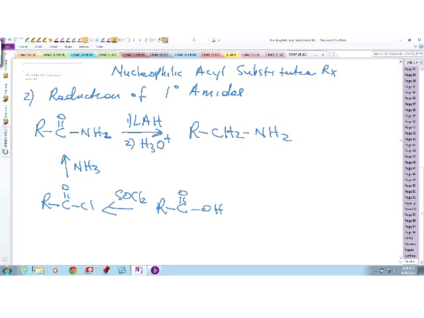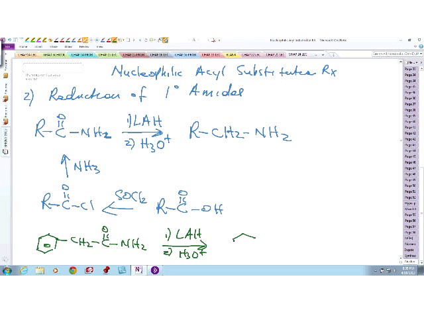Just to give you one specific example, we take this primary amide, react with LAH, and follow with hydronium ion.